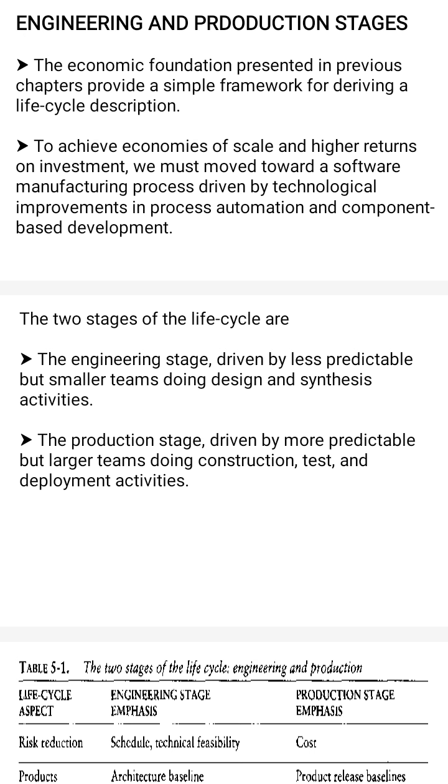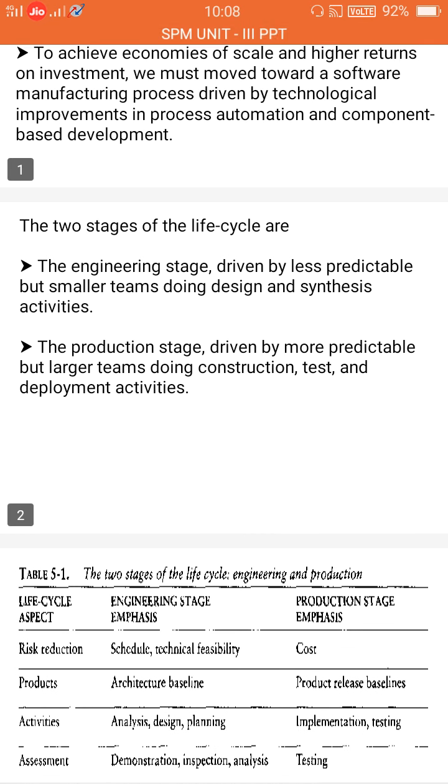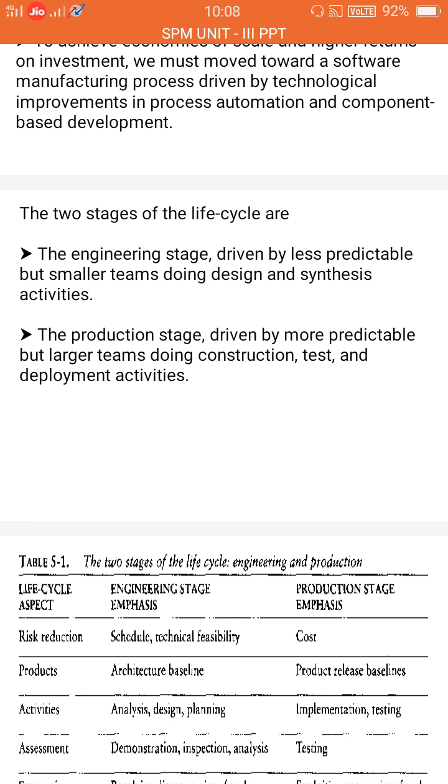The production stage is more predictable, with larger teams doing construction, testing and deployment activities. So these are the two stages of the life cycle.